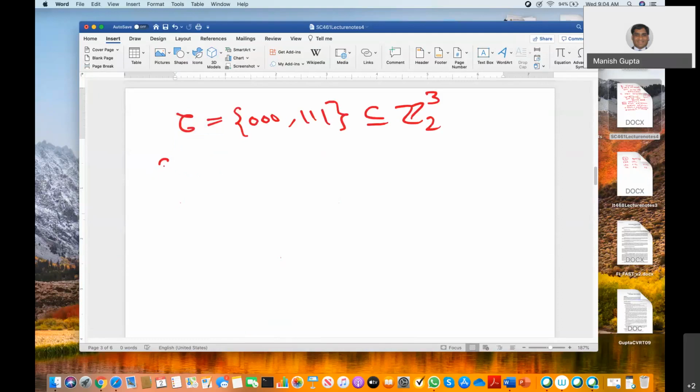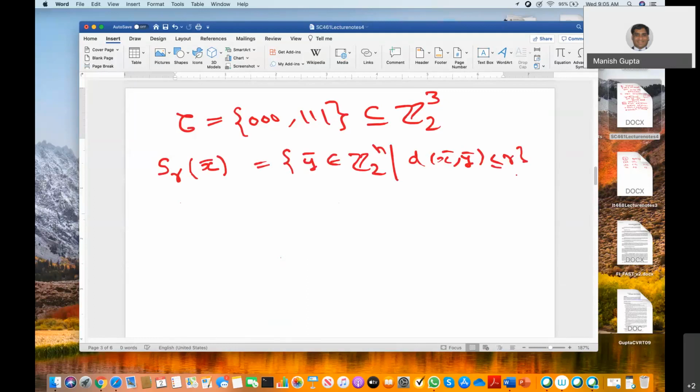Recall the definition of a sphere: all those vectors y in Z2 raised to the power n such that the distance between x and y does not exceed r, where x is a code word in C. The parameters for this code are: length is 3, total number of code words is 2, and minimum distance d is 3.